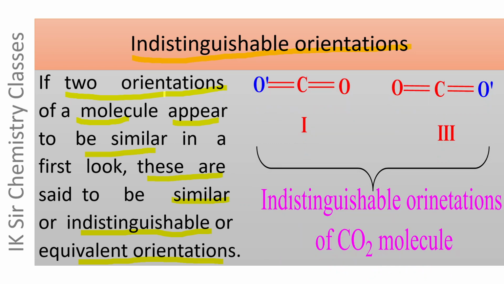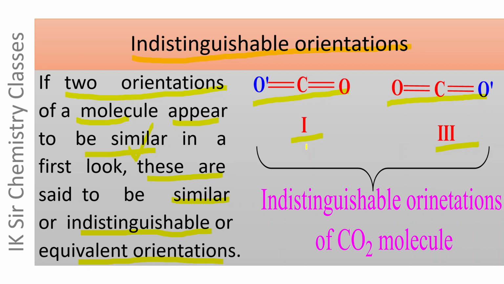Here also two orientations of CO2 molecule are given, 1 and 3, and both these orientations of CO2 molecule are in the horizontal position. These two orientations appear to be similar at a first glance, but these are not identical in nature.